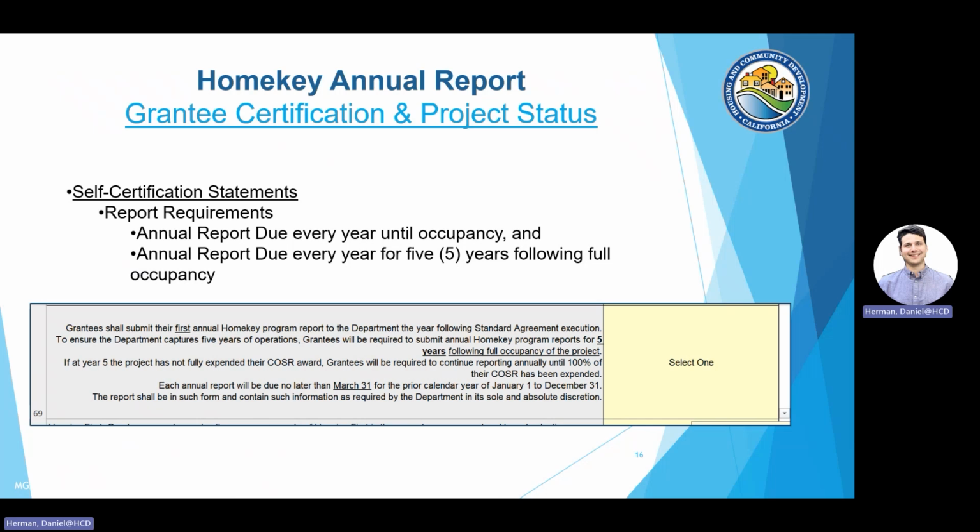And then once occupancy is achieved, an annual report is due every year for 5 years following that achievement. So this self-certification is to make you all aware of what our reporting requirements are in relation to how many years we require our report to be submitted. If you have any questions about this, please reach out to your grant management representative.